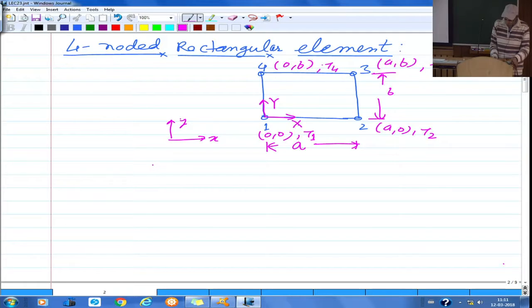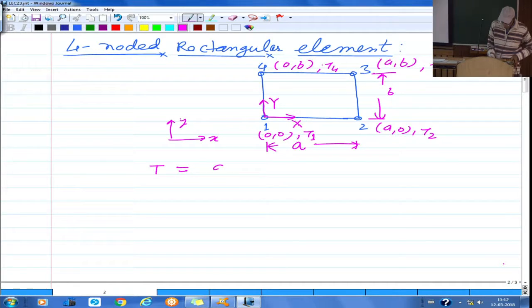So when we assume an approximate solution, we obviously should have 4 terms, so that we have 4 constants corresponding to T1, T2, T3, T4 in the approximate solution. You can also do it in terms of small xy, but the derivation of shape functions would be a little lengthier, a little more complex than if you do it in the local coordinate system with origin at the first node of the element.